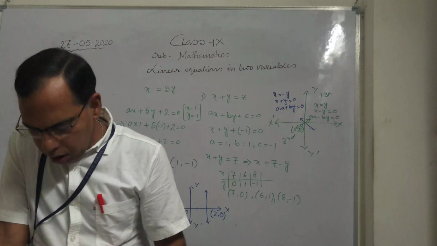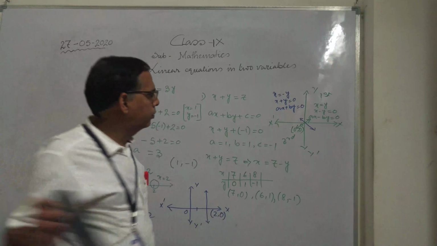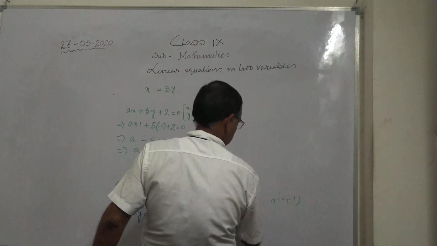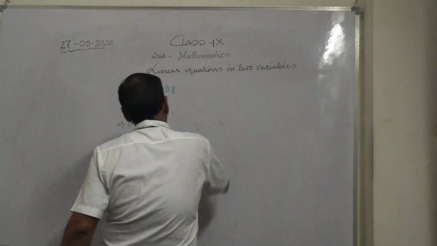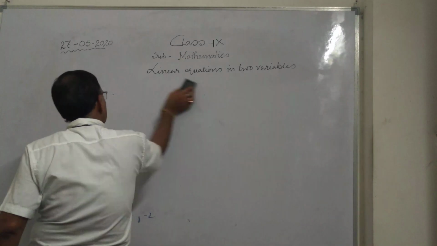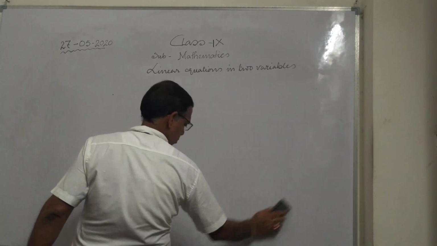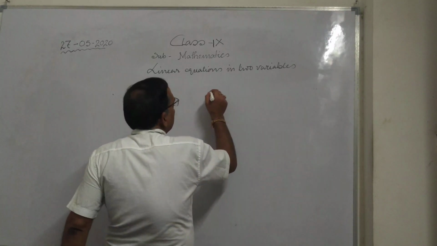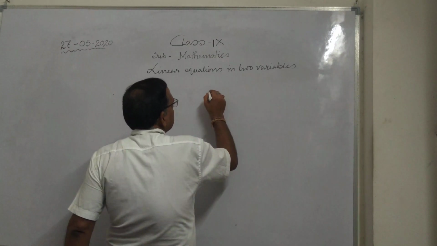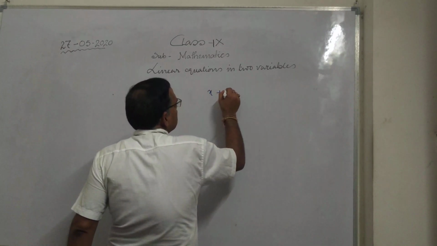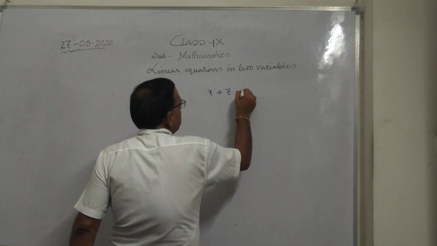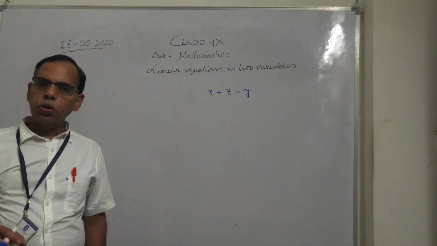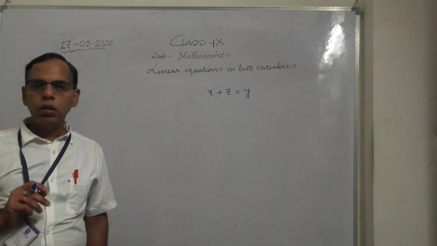Suppose I give you x plus 7 equal to y. Convert this into standard form and also compare the coefficients with the standard form.